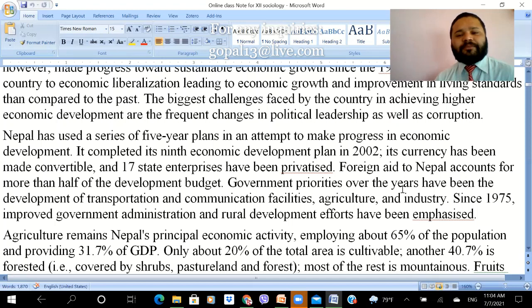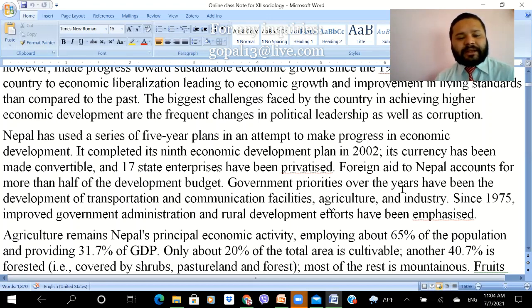If a certain program has been launched or introduced in 2015 and it is said that it will end at the end of 2020, then they have to allocate a certain amount for that particular program. So that's how the plans work, and then economic transformation occurs in a society or in any state or nation.